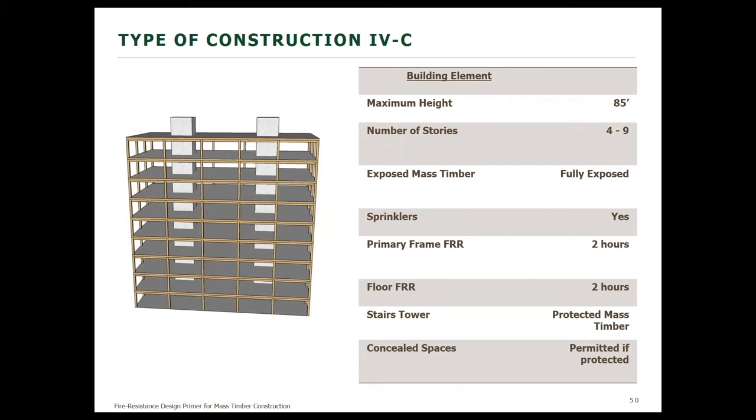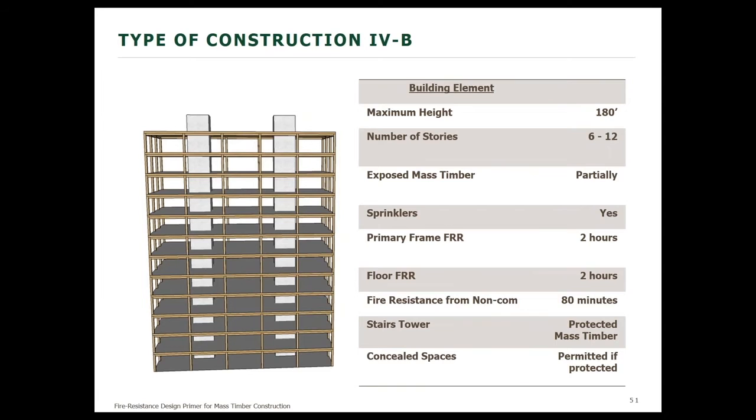So as we move from slide to slide, you'll want to take a look and compare the maximum height, number of stories, the exposure, the sprinklers required, the basic fire resistance ratings for the primary frame and floor, and then information about the stair towers and the concealed spaces.